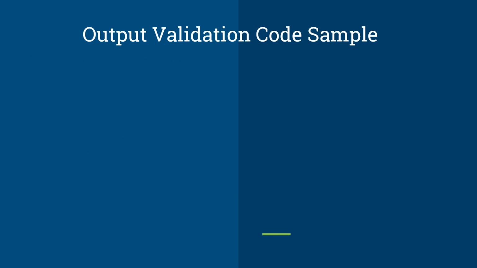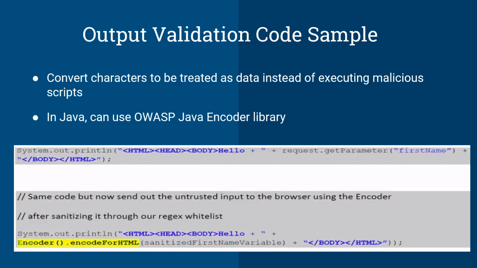Taking the sample code and continuing with output encoding, we can see how to take the response we send back from this HTML page that echoes hello and someone's name, send the input through a regex list to sanitize it, and on the response on the way out send it through some sort of encoder.